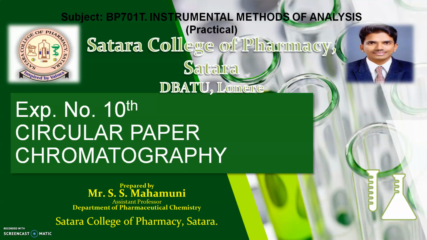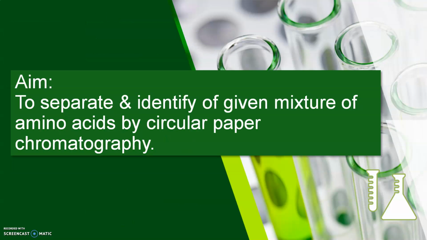Today we are going to see the practical of the subject Instrumental Method of Analysis from the final year B.Pharm. The number is 10th, that is circular paper chromatography. So we will start with the first, that is the aim.